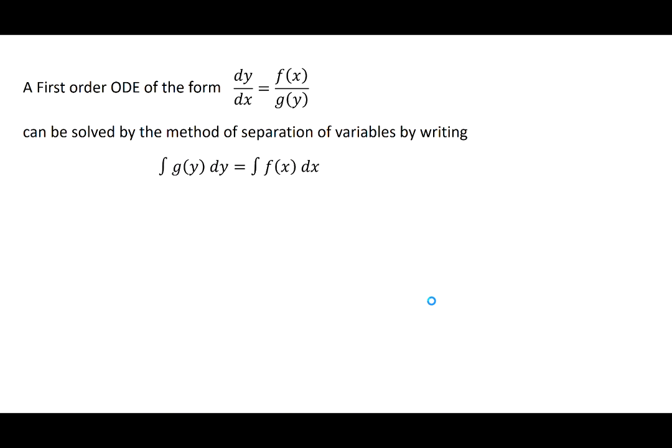The moment you multiply both sides by dx and also by g of y, you can isolate the y terms and the x terms. You can have all the y terms on the left hand side in the form of g of y dy, and all the x terms on the other side, for instance f of x dx. And once you isolate like that, you can just integrate.